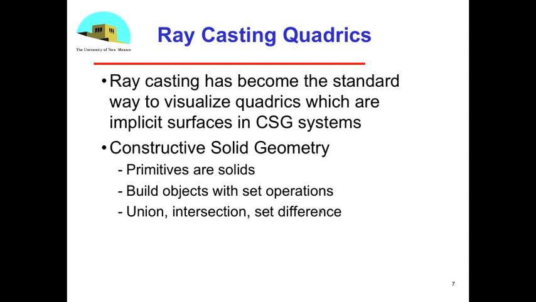Then you could talk about the set of points inside of that cube. Likewise for a sphere. And then the natural way to start building up objects is to use set operations like unions and intersections and differences.